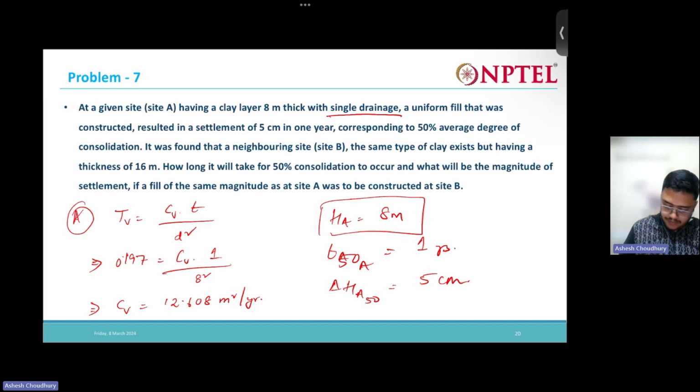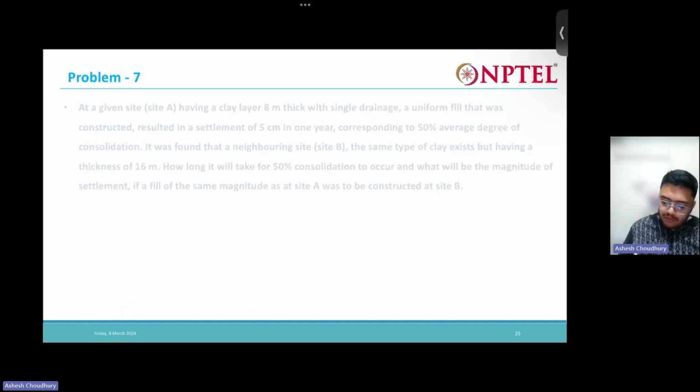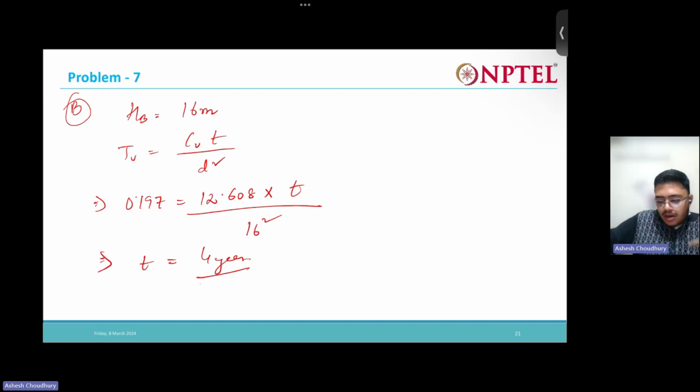So you can see 4 times. For site A, in 1 year 50% settlement is occurring, but in B, where the thickness is doubled, my time is getting quadrupled. So 4 years will be required for 50% settlement.